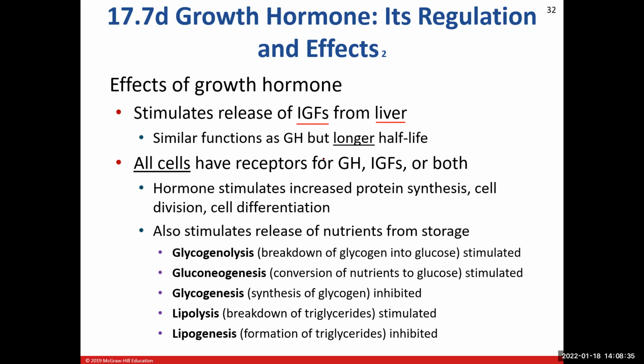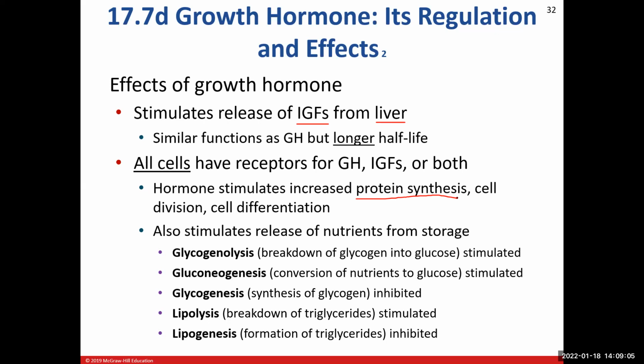So we're going to see when growth hormone makes contact with its target cells, that it is going to increase protein synthesis. Well, as we learned back in Bio 210, proteins are everywhere. They do so many different functions: transport, movement, synthesis of hormones.